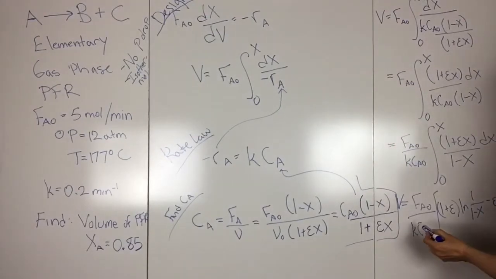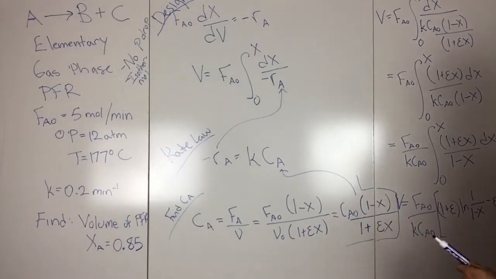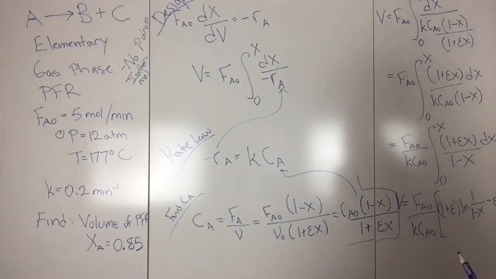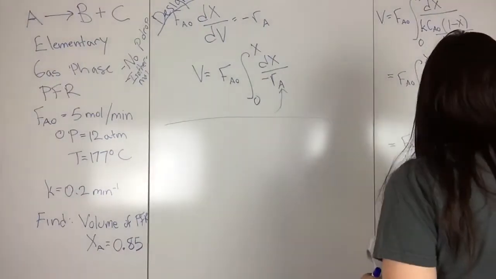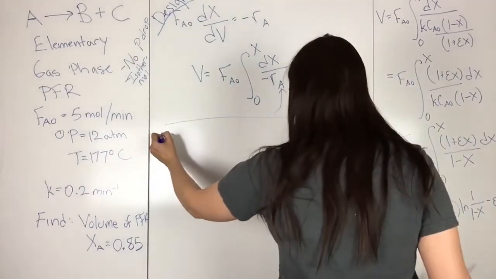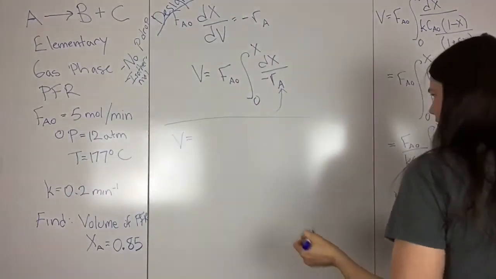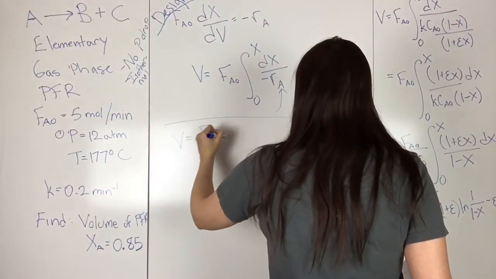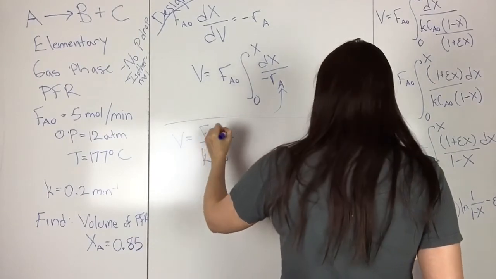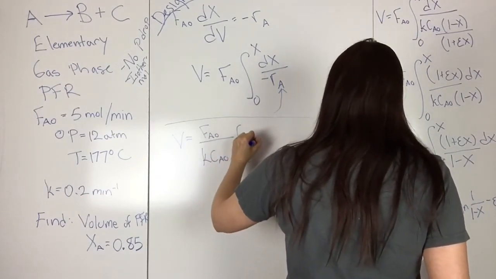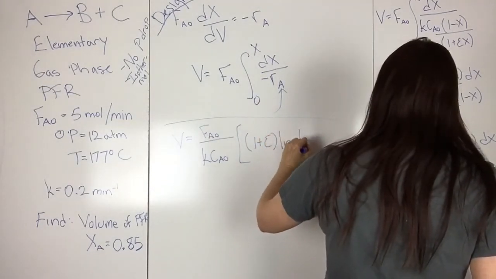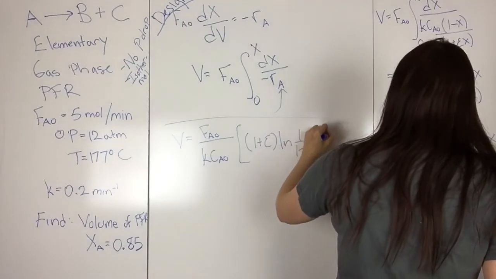So then this is the equation we want to solve. I'm going to erase some stuff, and then I can show you how to calculate the parameters that you need for that equation. I'll just rewrite the equation real quick so it's easier to read. Your volume is equal to Fa naught over K Ca naught times (1 plus epsilon) natural log of 1 over (1 minus x) minus epsilon x.